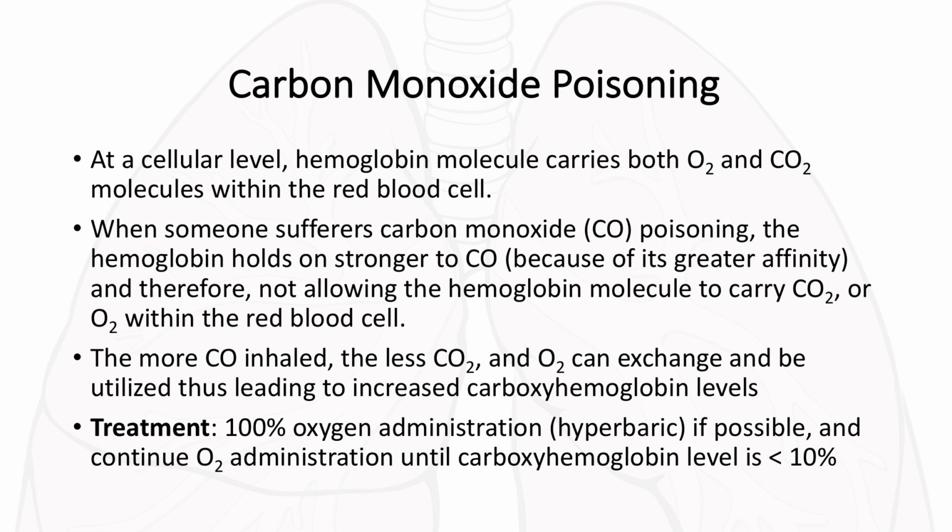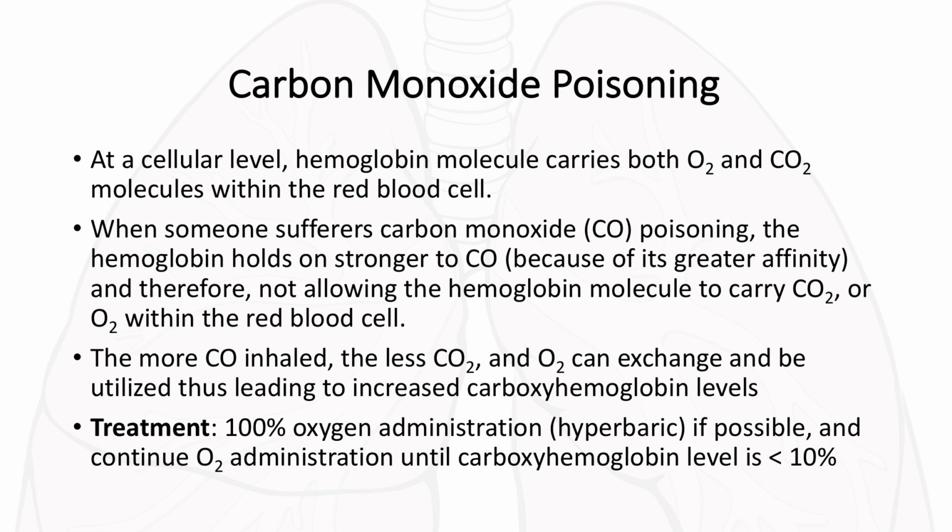It has a greater affinity for that carbon monoxide than it does CO2 or O2. Therefore, it does not allow that hemoglobin molecule to carry carbon dioxide or oxygen. So essentially the body is unable to rid itself of CO2 and is unable to gain O2. The more carbon monoxide that is inhaled, the less carbon dioxide and oxygen can be exchanged and utilized.